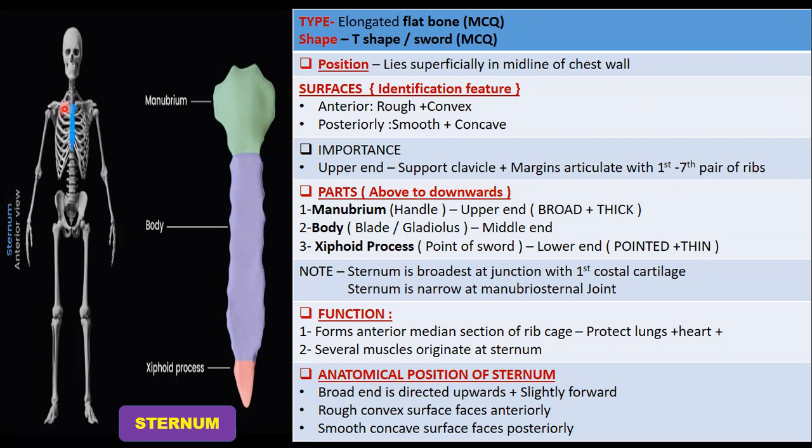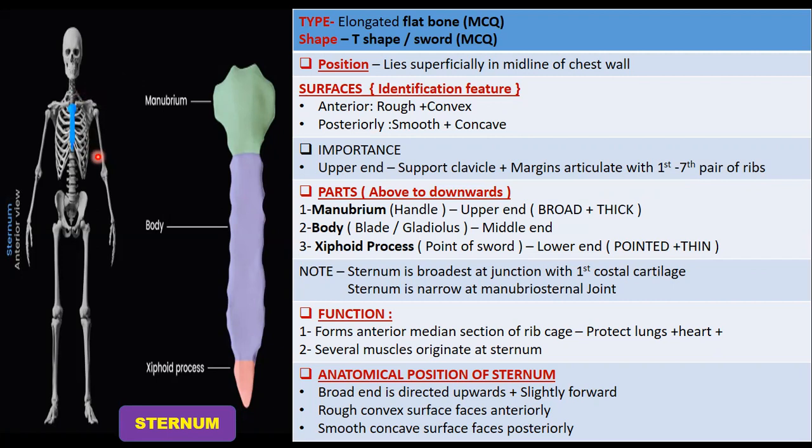In adults, we say that the sternum is about 17 centimeters. It is longer in males as compared to females. Remember this point. We are discussing the facts which you need to remember.